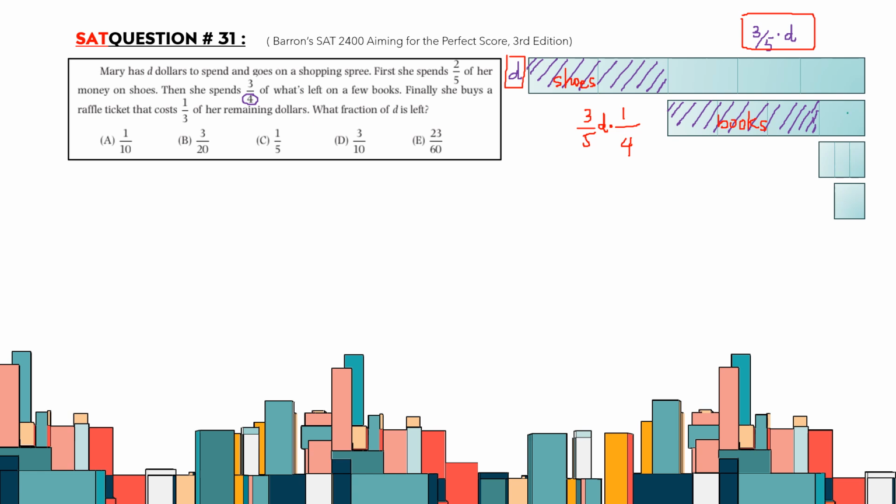This amount right here, the leftover, is in these 3 pieces, okay? So now we spend 1 out of 3, and the leftover will be this part, right?